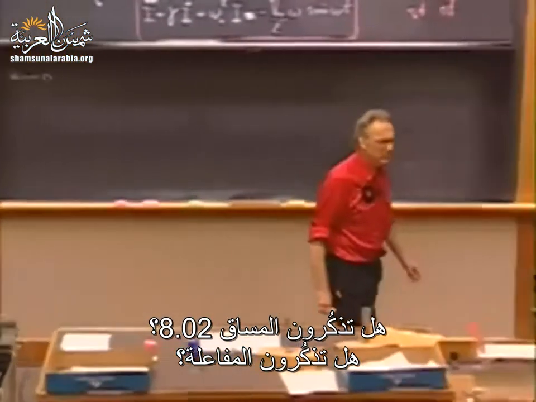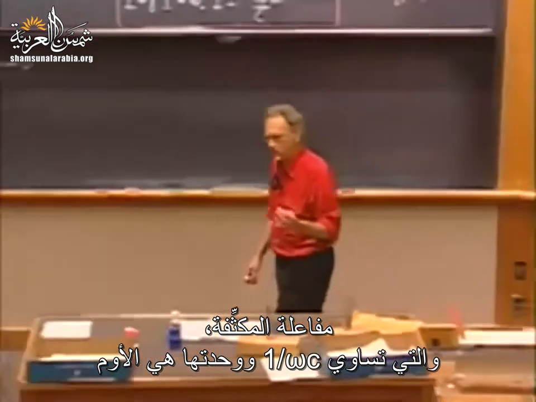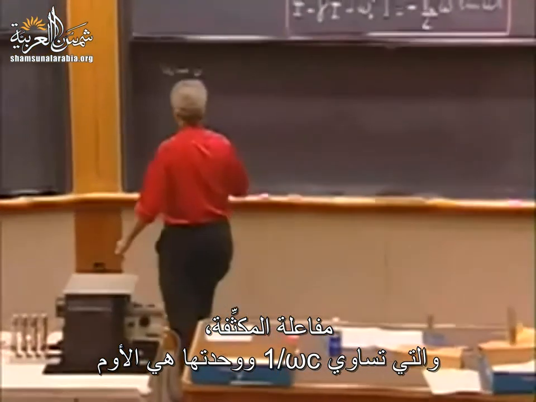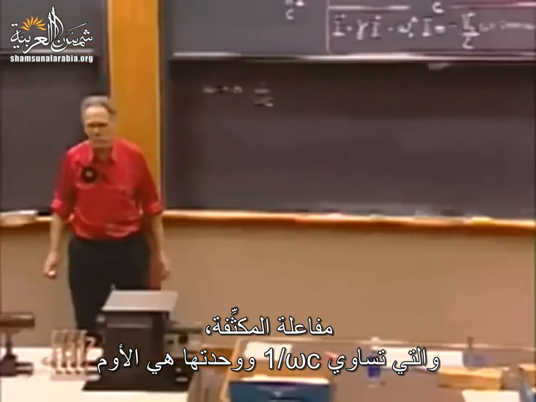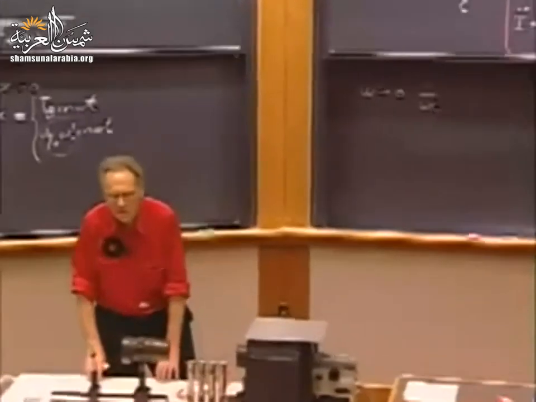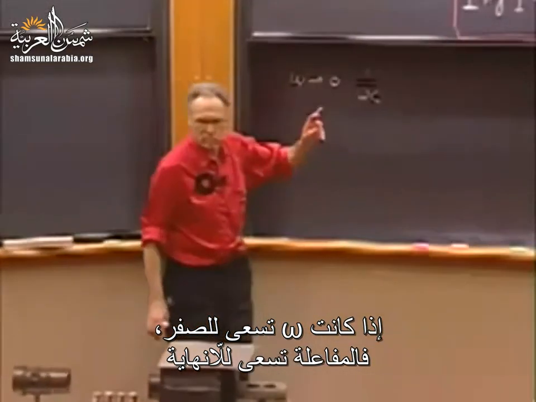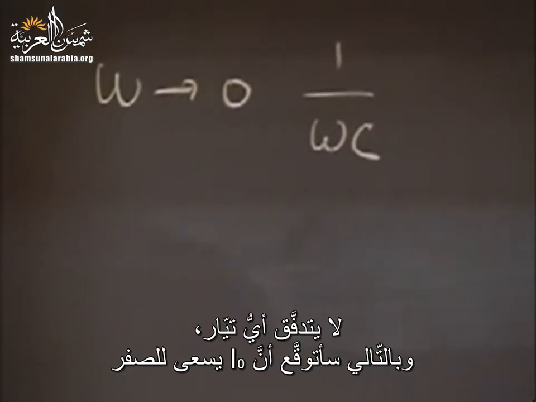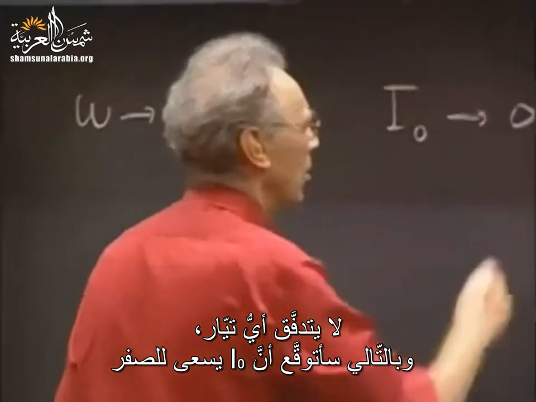Remember 8.02? Remember the word reactance? That a capacitor has a certain reactance, which is 1 over omega C, which has units of ohms. And if omega goes to 0, this reactance goes to infinity. No current can ever flow. So I predict that I0 will go to 0.